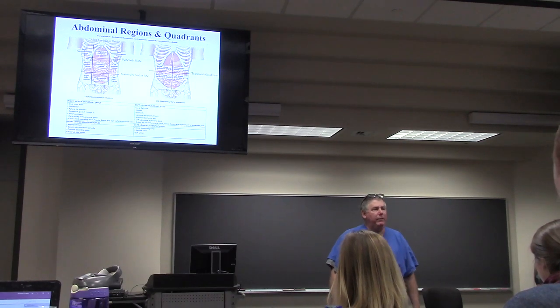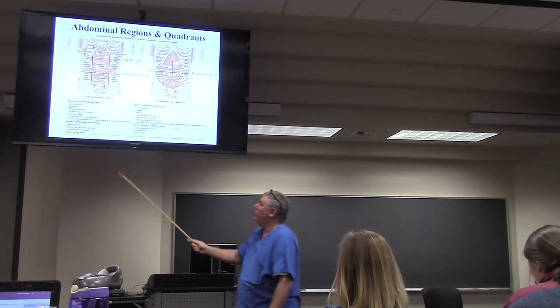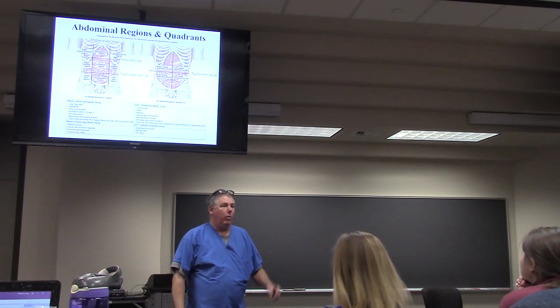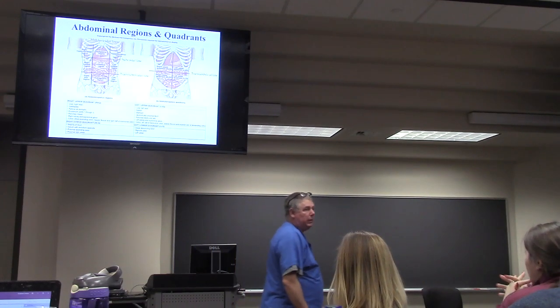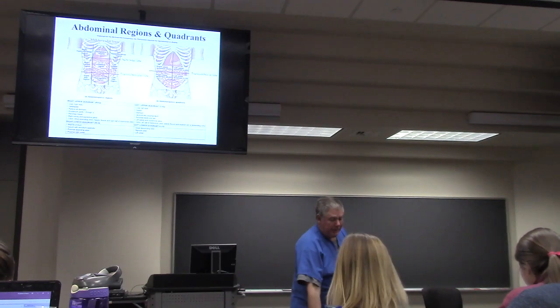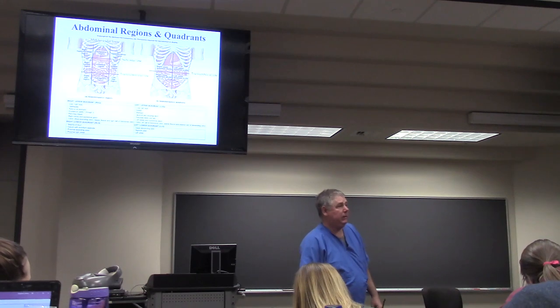If somebody's complaining of left lower quadrant pain, I can promise you it's not gallbladder, which is right up here in the right upper quadrant. So knowing the structures in these different quadrants is important, not only for the way patients present, but trauma that you're sure to have on this test.